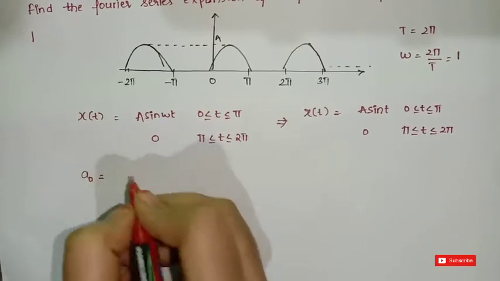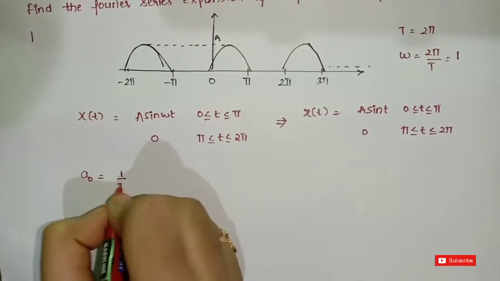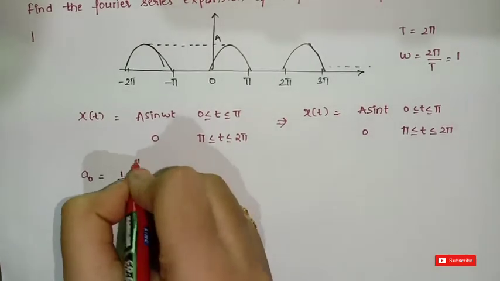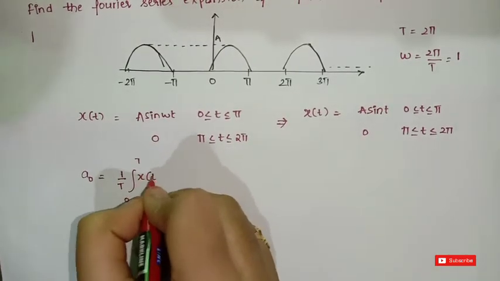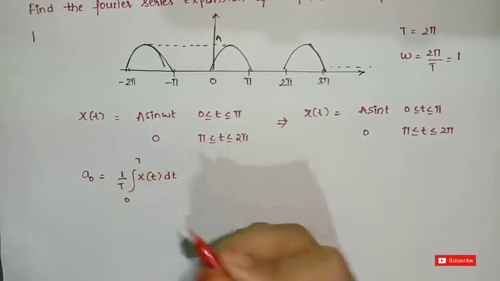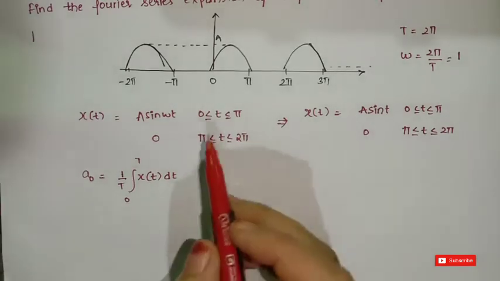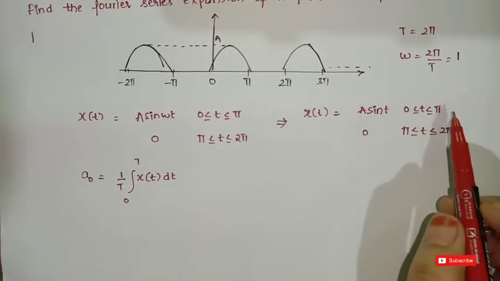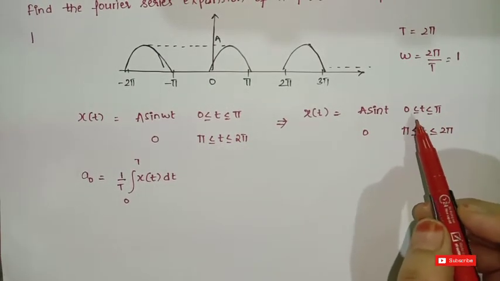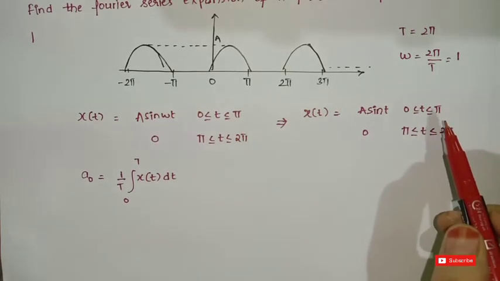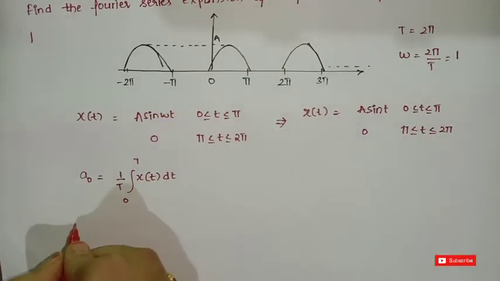As we already know, a0 is equal to 1 by T integral 0 to T x of t dt. If you observe the above equation, here the period 0 to 2 pi is separated as two intervals.